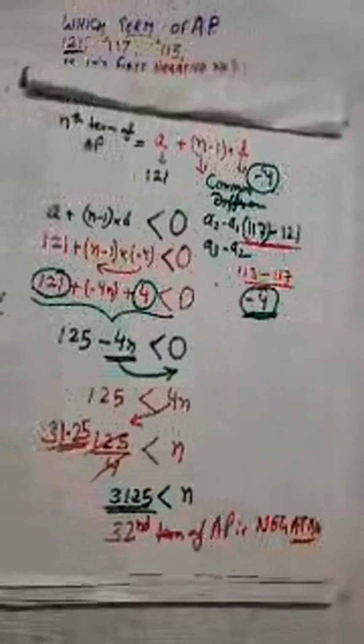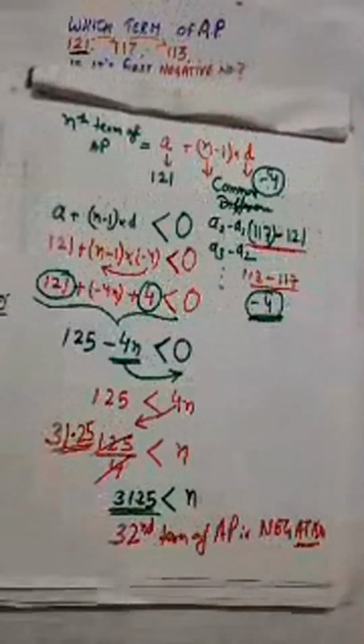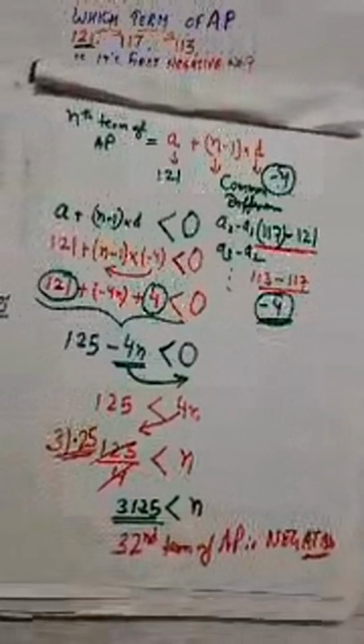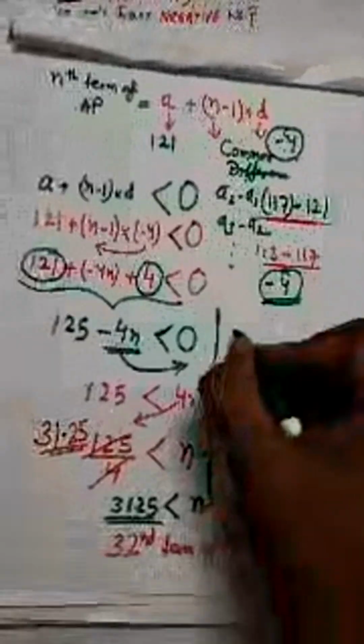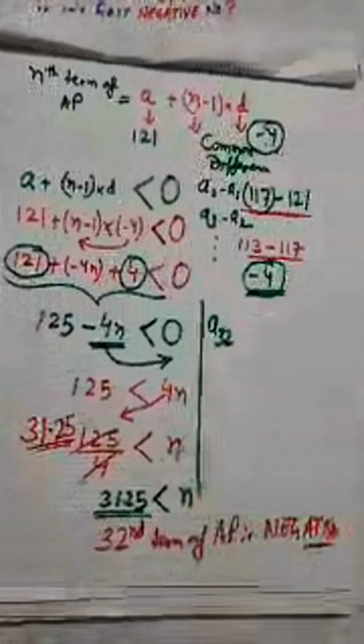The 32nd term of the AP is negative, right? So we are able to calculate which term of the AP is negative, right? And what is the value of that negative term of that AP? That will be equal to a of 32.